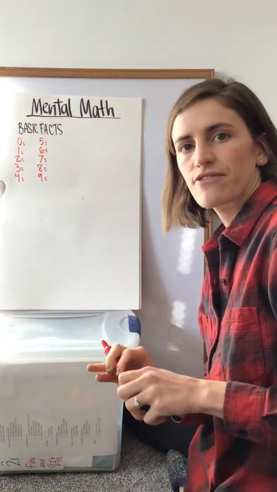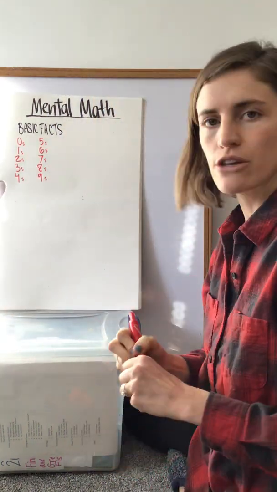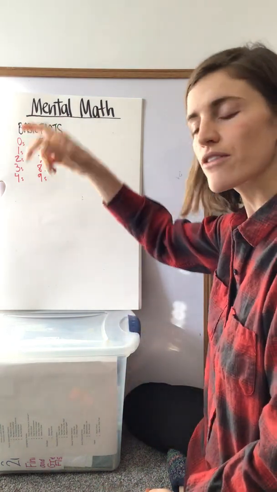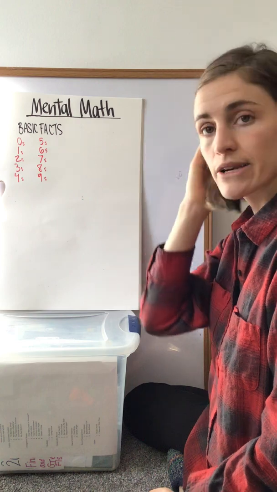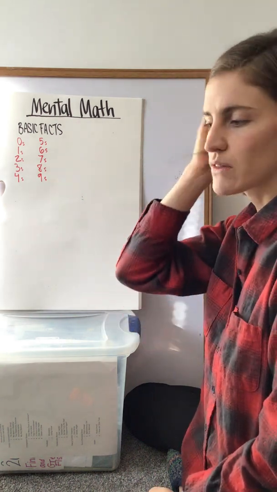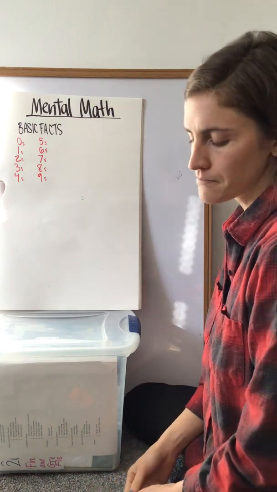These are multiplication facts that you know off the top of your head, that you don't have to work out on paper. This is one way that we can do mental math. If we see a problem that we know we can solve using just basic facts that we have memorized, we can solve the problem without pencil and paper.